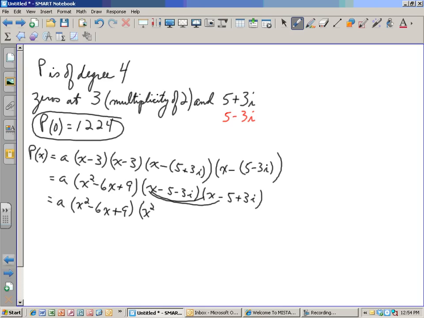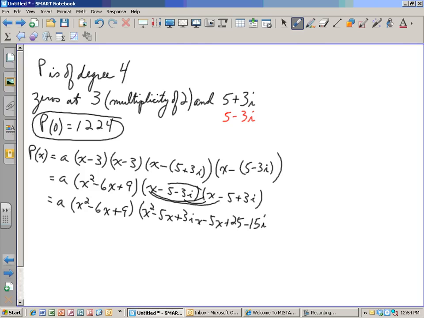X times negative 5, x times 3i, 3ix. I distributed the x. Now let's distribute the negative 5. Negative 5x, negative 5 times negative 5, and negative 5 times 3i.